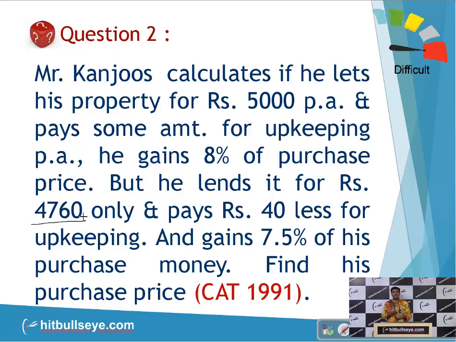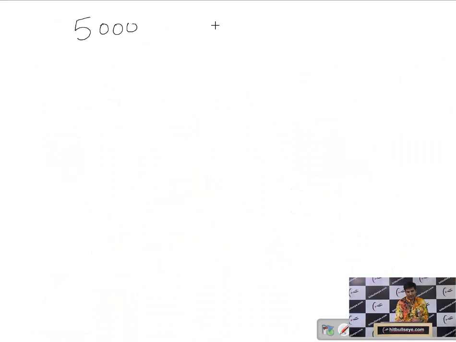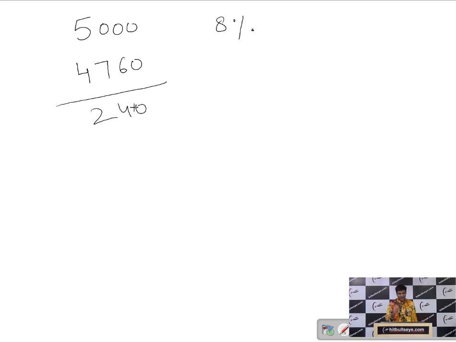That is, in this case, initially he was letting it out for 5,000 and gaining 8%. In the second scenario, he is letting it out for 4760, which is 240 less, but also paying 40 less for upkeeping. So that means I am incurring less expenditure on upkeeping, which makes my loss to the tune of only rupees 200.